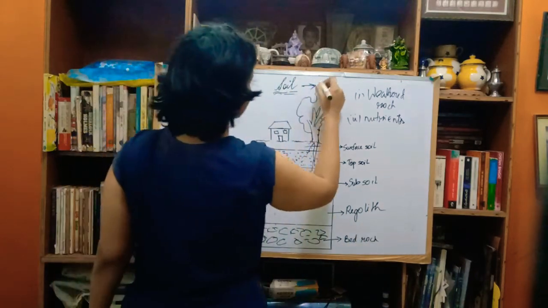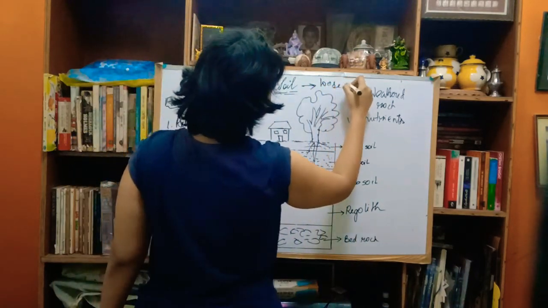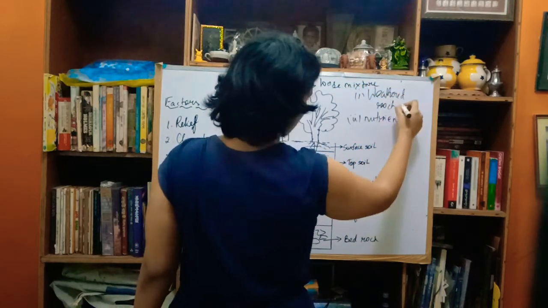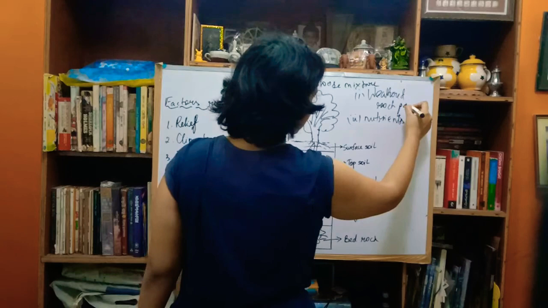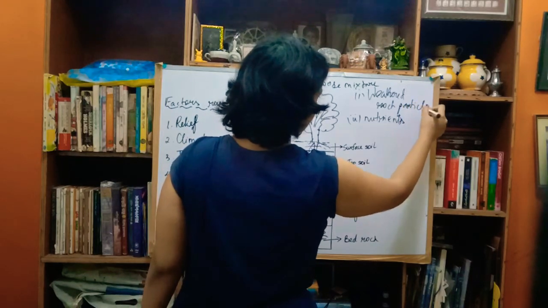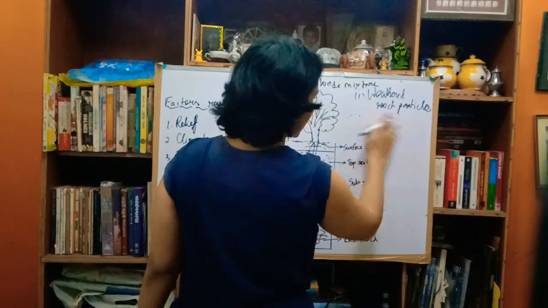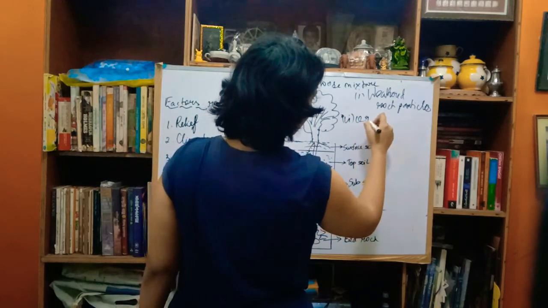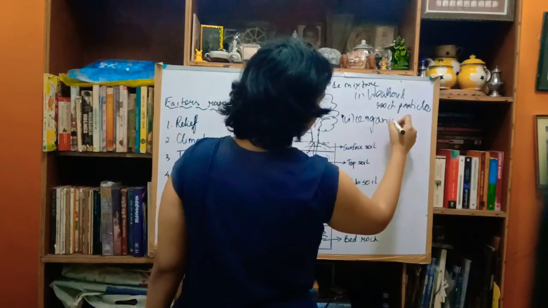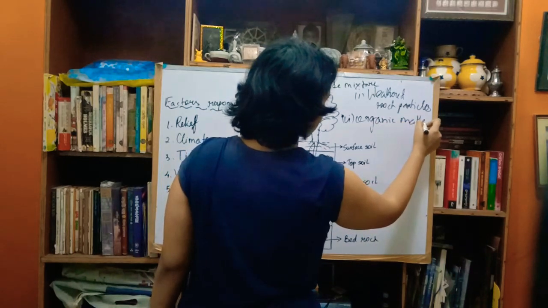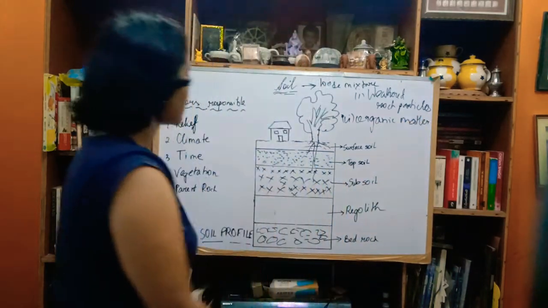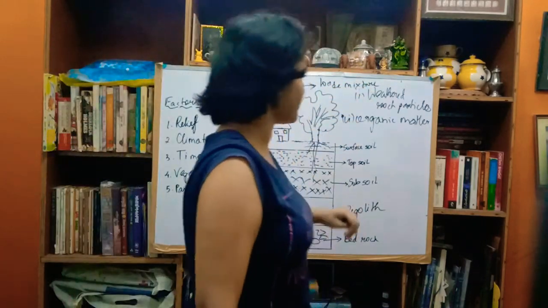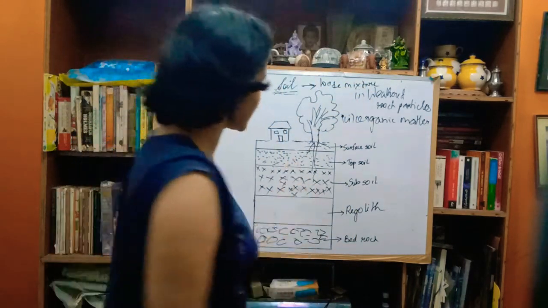Soil is the loose mixture of weathered rock particles, and you can call another name for nutrients organic matter, because they are organic in nature. So, loose mixture of weathered rock particles and organic matter which covers most of the Earth's surface.